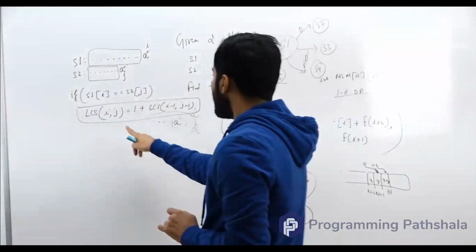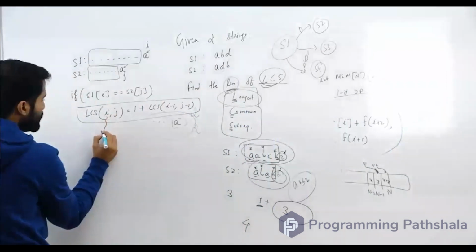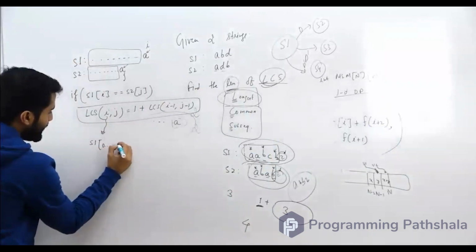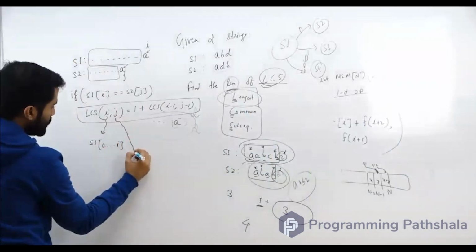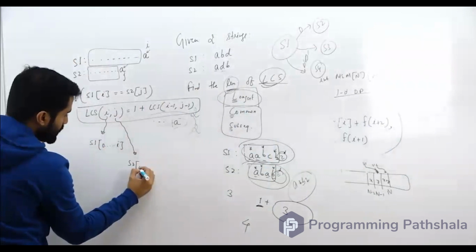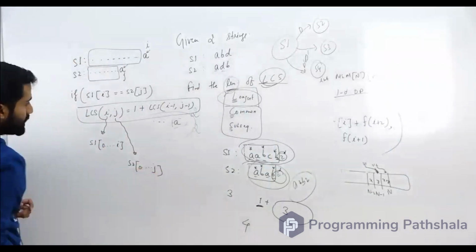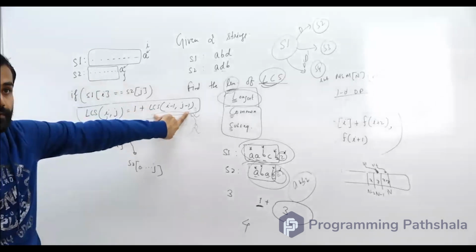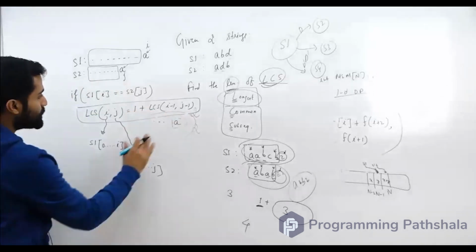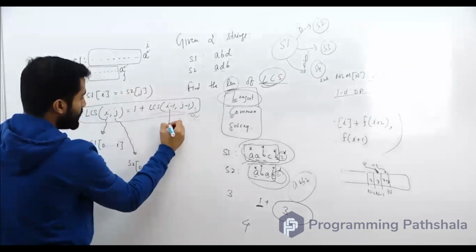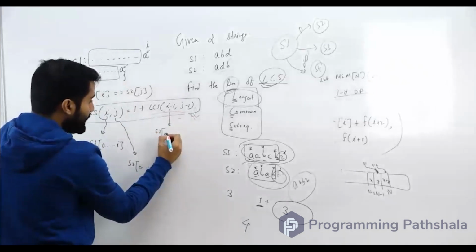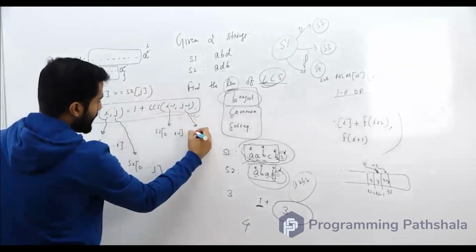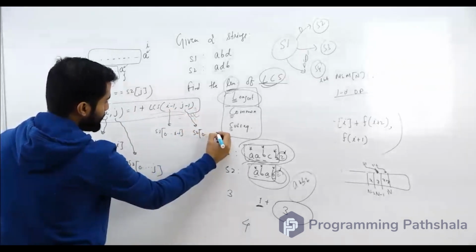Now, what are this I and J? This I denotes the part of S1 from beginning till I. Similarly, this J denotes the part of S2 from beginning till J. Now, if I have told you what is LCS of I, J, you can figure out what is LCS of I minus 1, J minus 1. That means here we are talking about the part of S1 from beginning till I minus 1, and here the part of S2 from beginning till J minus 1.